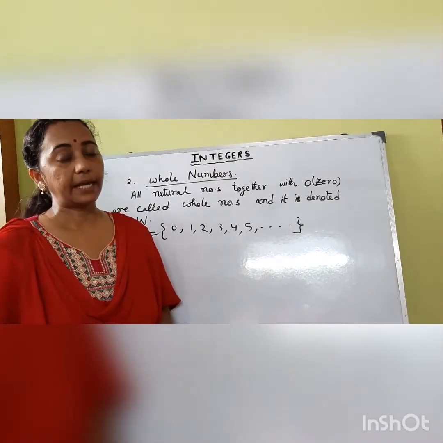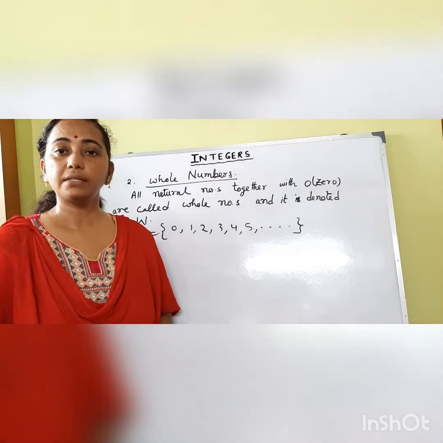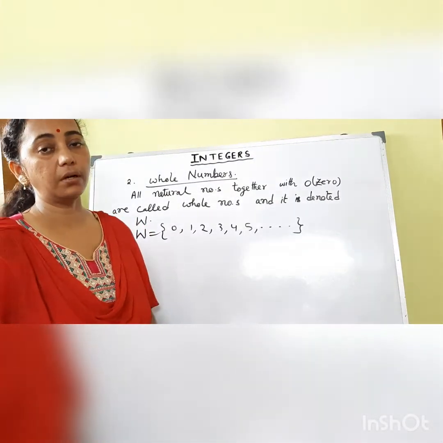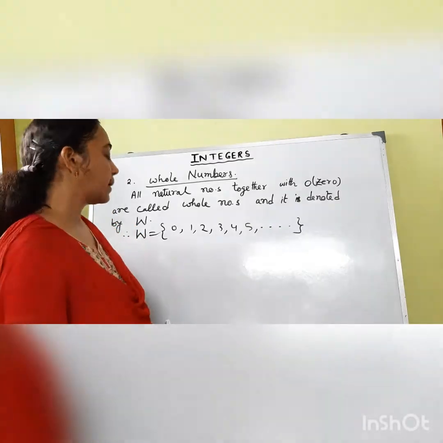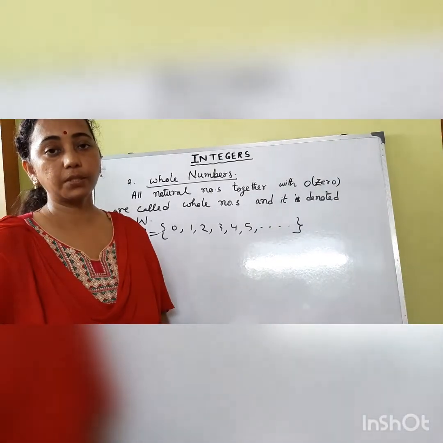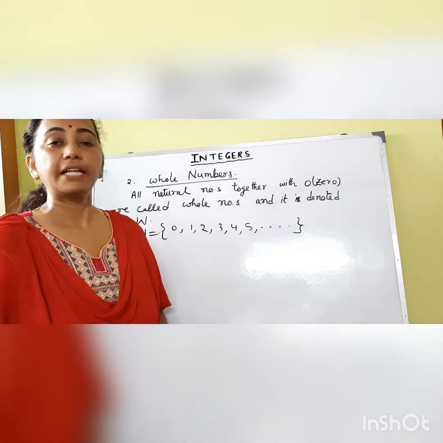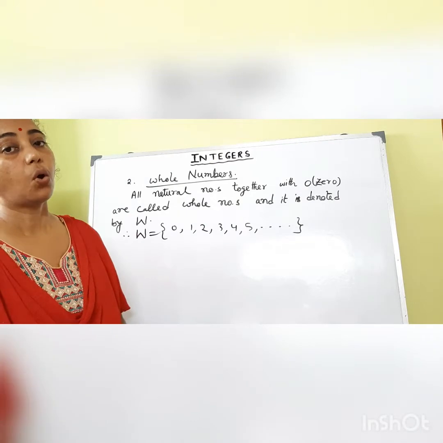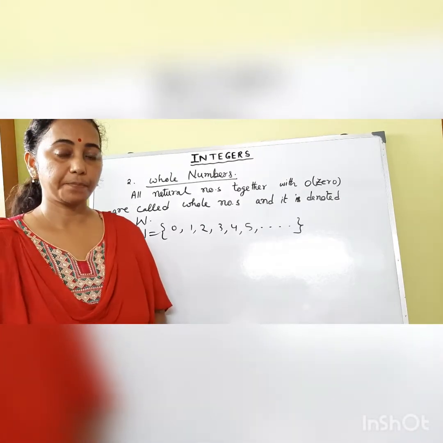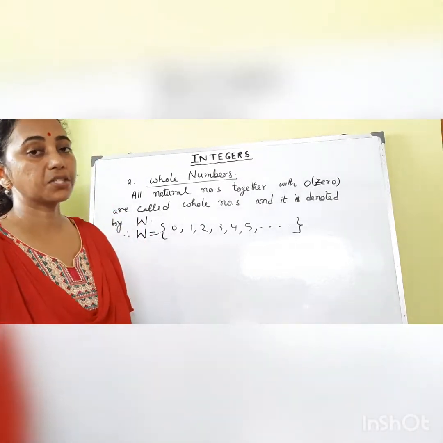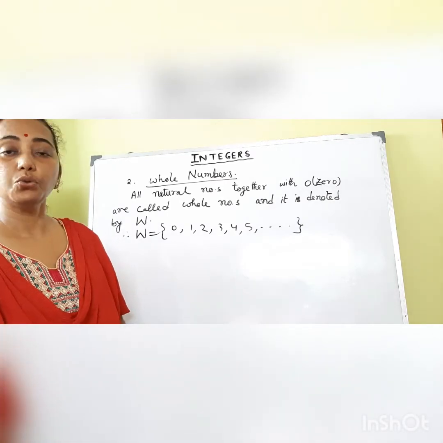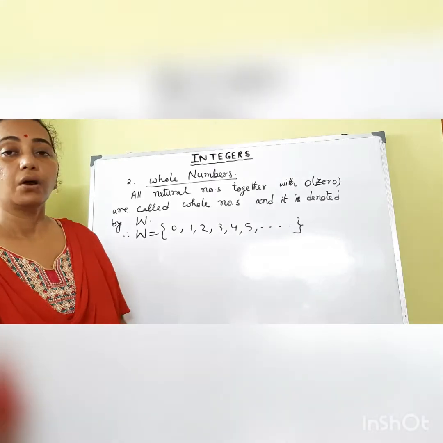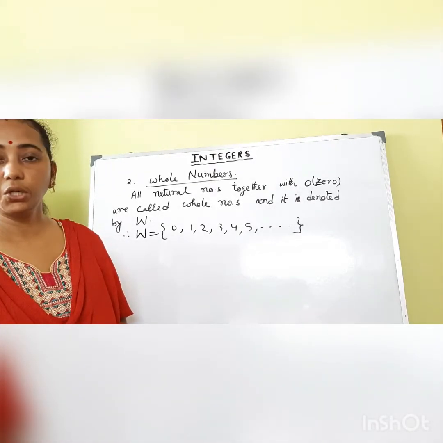Also, every natural number is a whole number, but 0 is a whole number which is not a natural number. As in the case of natural numbers, addition and multiplication of whole numbers always give a whole number, but subtraction and division of two whole numbers may or may not be a whole number. Also, division by 0 is not defined.